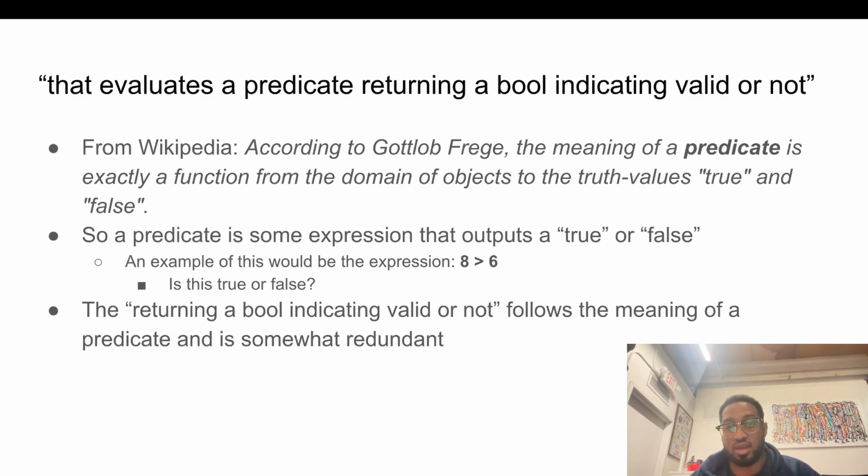Mine is that a predicate is some expression that outputs a true or false. An example of this would be the expression, is 8 greater than 6? Is this true or false? Feel free to answer at home when you're watching the video, but this answer is true. The returning a bool indicating valid or not follows the meaning of a predicate, and it's actually somewhat redundant, but I'll give Satoshi a pass.